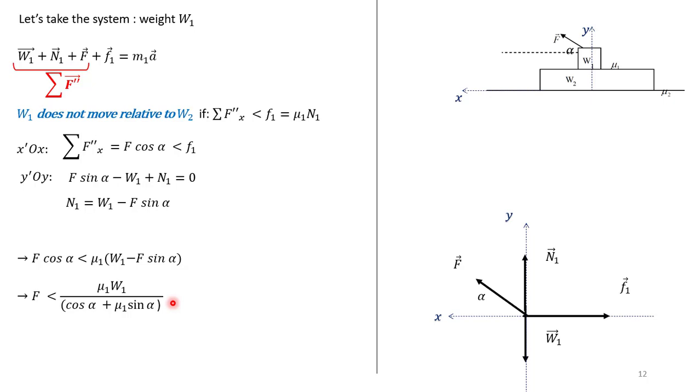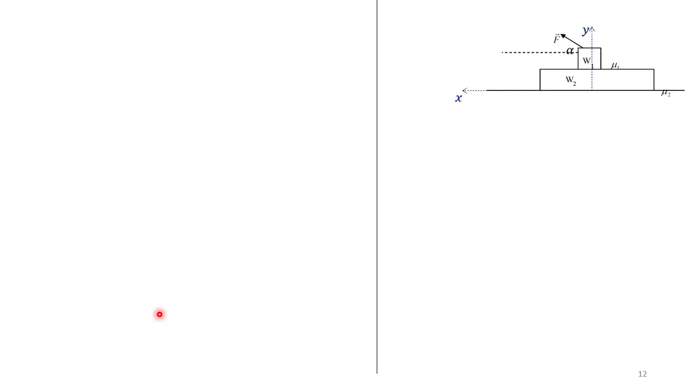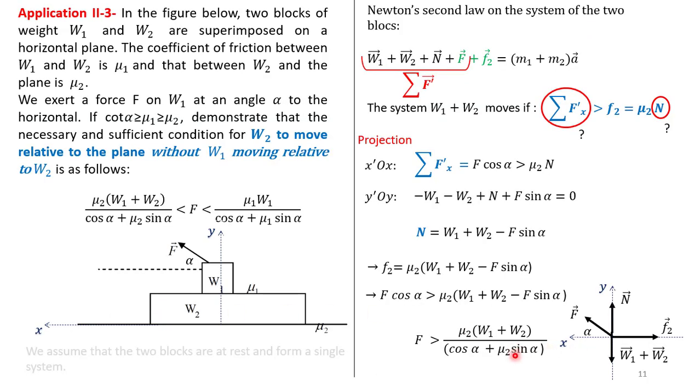Please notice that the term cosine alpha plus mu1 sine alpha should be positive, and also the denominator in the previous slide should be positive.